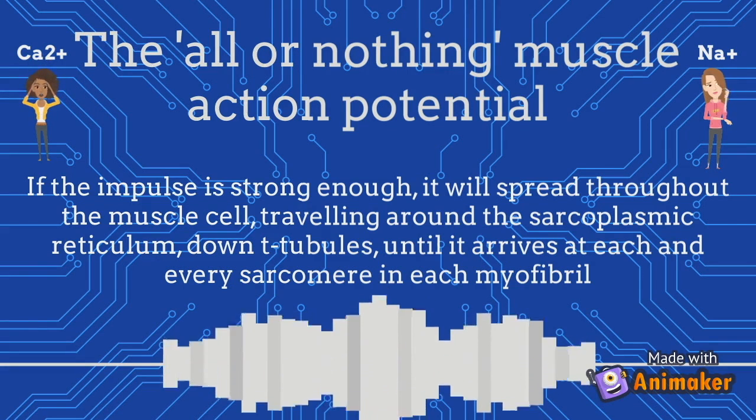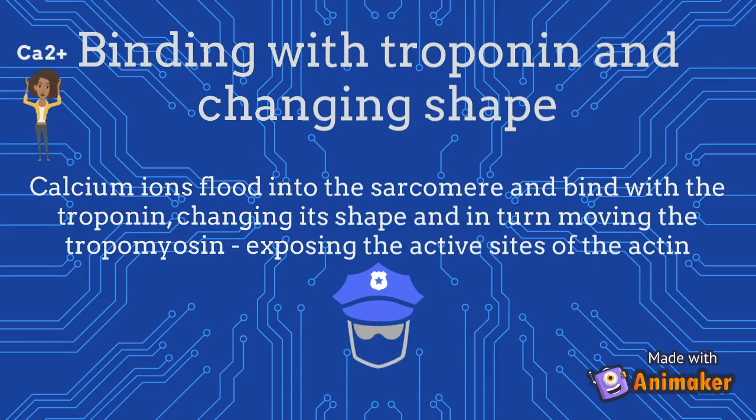What happens next is similar to when the motor end plate gets depolarized, a similar concept here, but at every sarcomere. And this is where we get rid of the bodyguards. Pretend the prison break, pretend that a bodyguard is outside the cell block and you've got all of the cells inside the prison. What we do is we allow the calcium ions in there. The calcium ions bind with the troponin, which is connected to the tropomyosin.